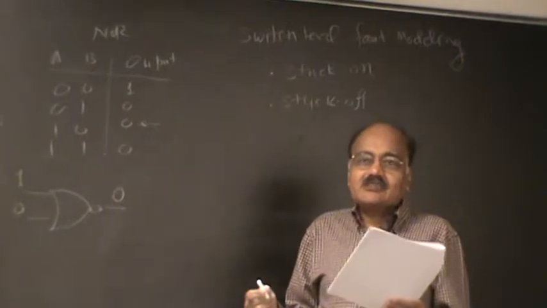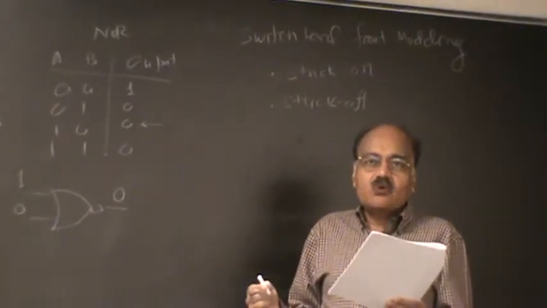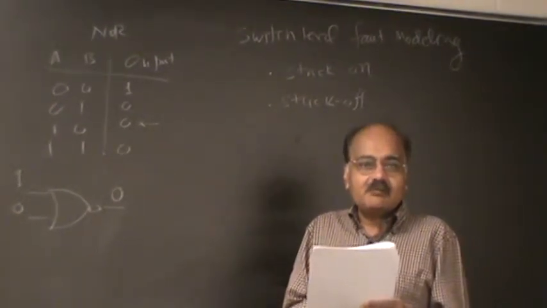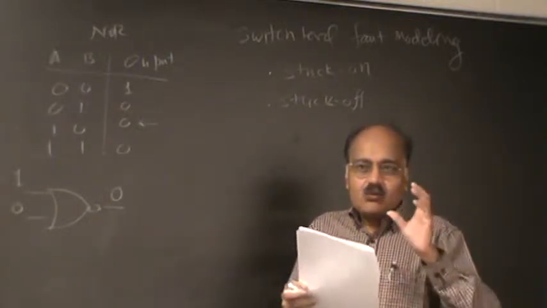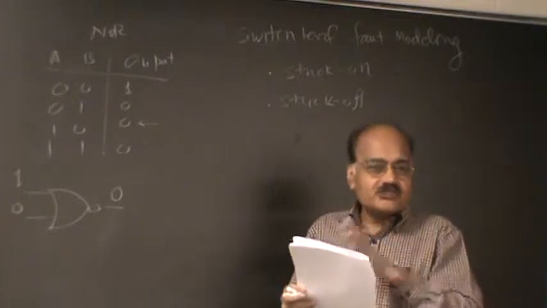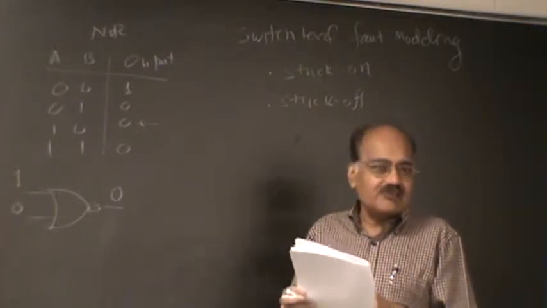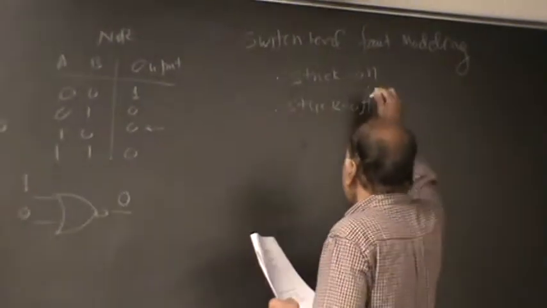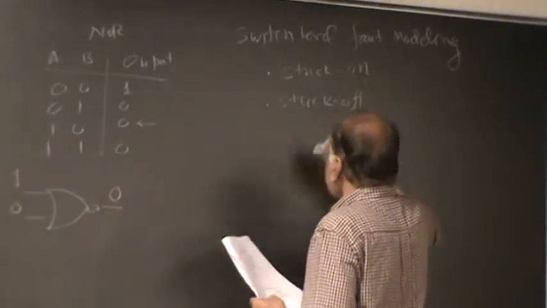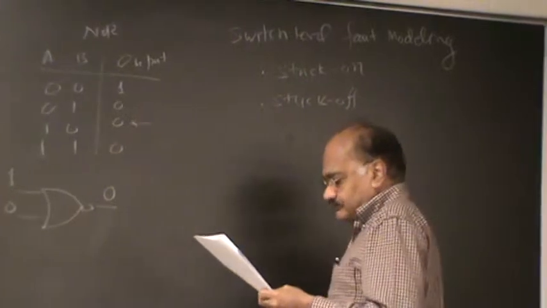This is derived from the fact that opens and shorts are the most common failure modes, and there are other failure modes which basically cause the transistor to be either stuck on or stuck off.